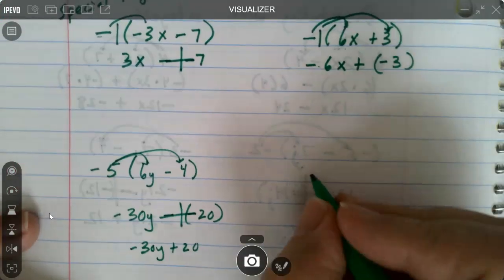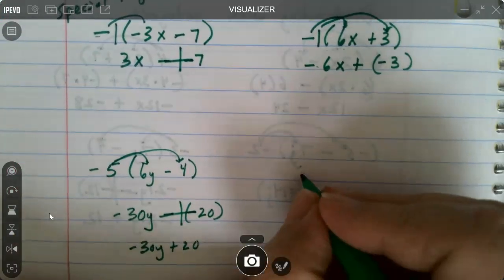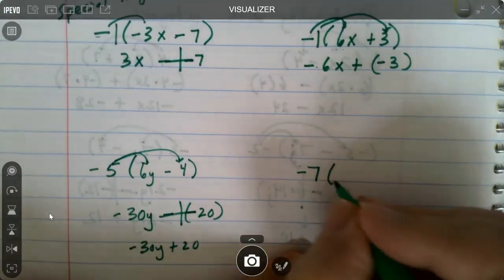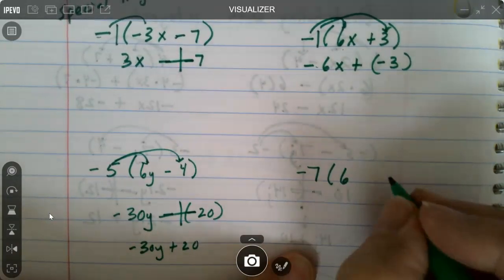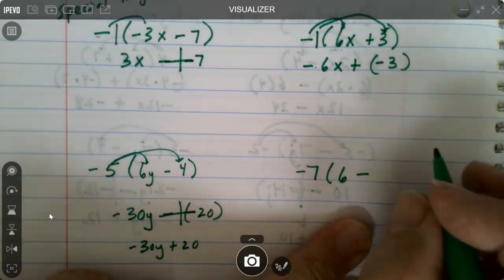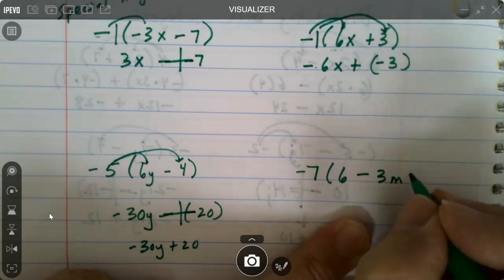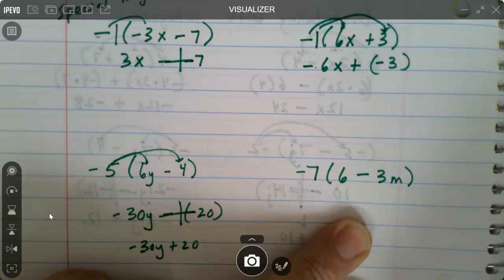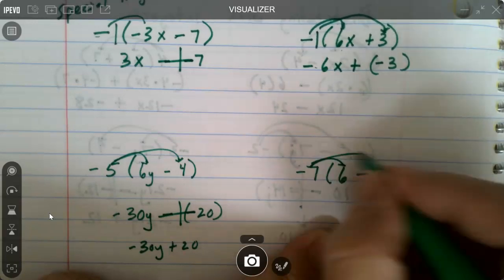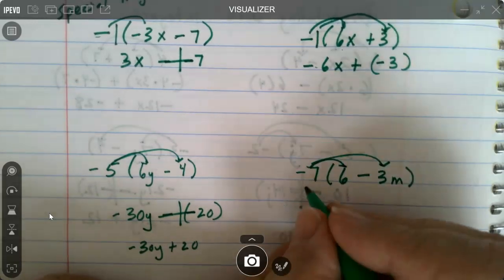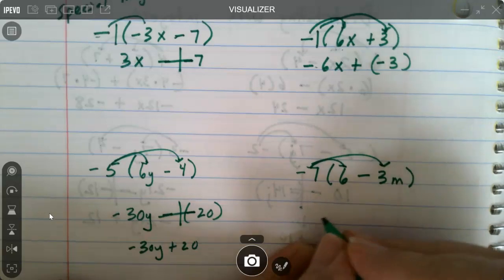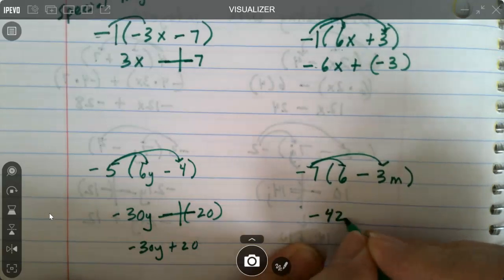Okay, next one. So this time I'm going to do negative 7, 6 minus 3m. Give you a chance. Okay. Arrow, arrow. Negative 7 times 6 is going to be negative 42.